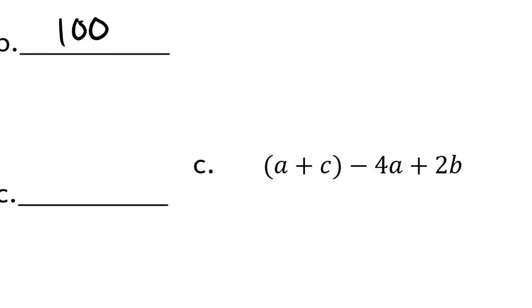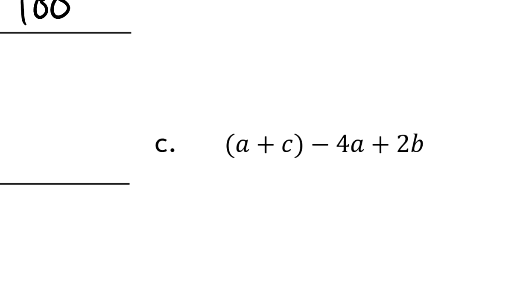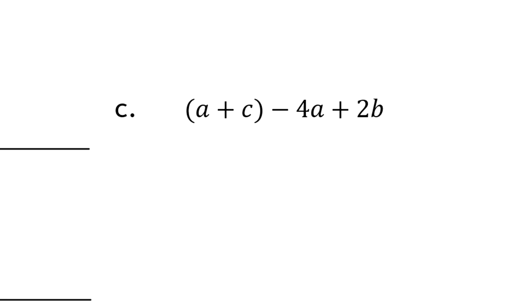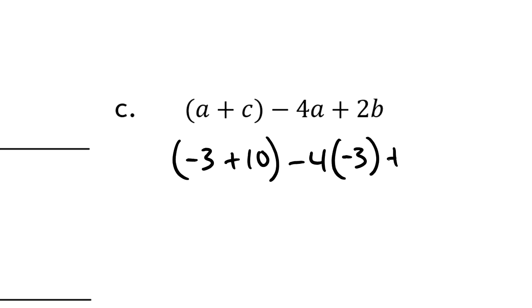For C, let's see. So for C, A again is negative 3. So in these parentheses, I'm going to place negative 3 and then plus a 10, and then I'm going to subtract 4 times a, and remember a is a negative 3, and then I'm going to add to that 2 times b, and b was the number 4.